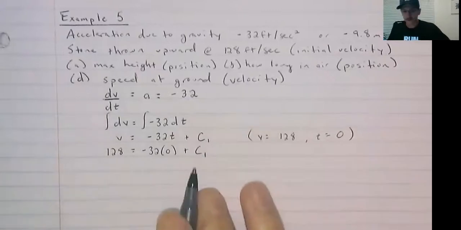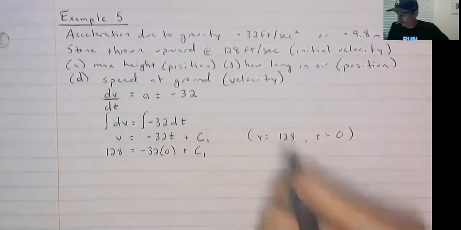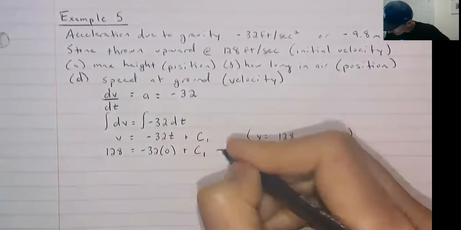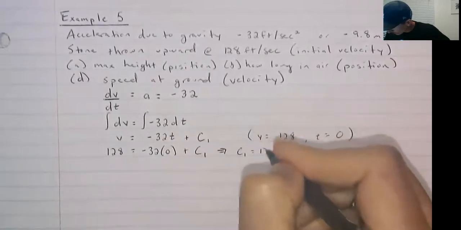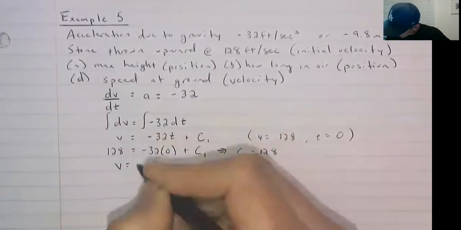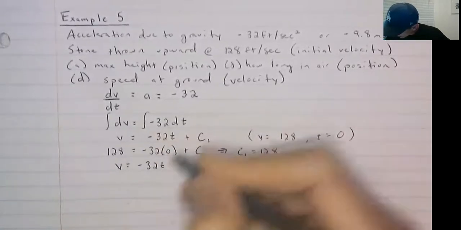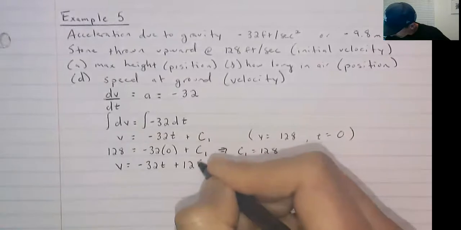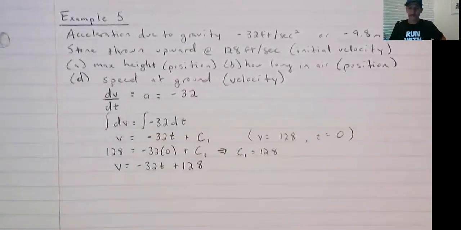Which means that that first constant is 128. Means that our velocity is in fact negative 32t plus 128. And we'll use that in a second.